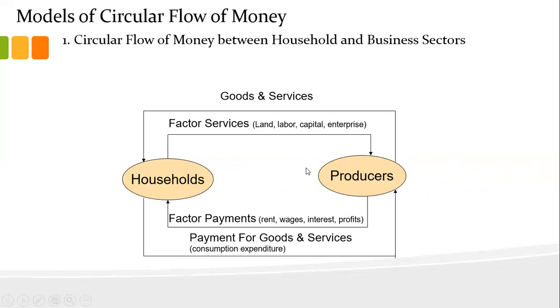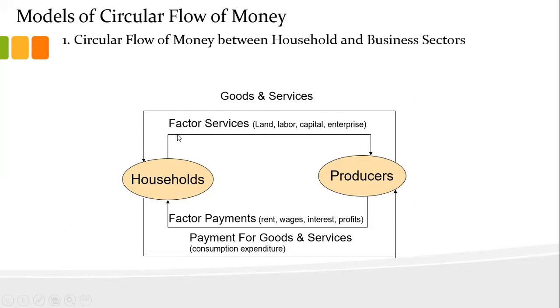So first of all, household sectors have certain kinds of needs and wants, and to satisfy those needs and wants, they buy goods and services. Now, who is the producer of goods and services? These producers are producing goods and services. So households will consume those goods and services, and for buying that, they need to give certain kind of payment.